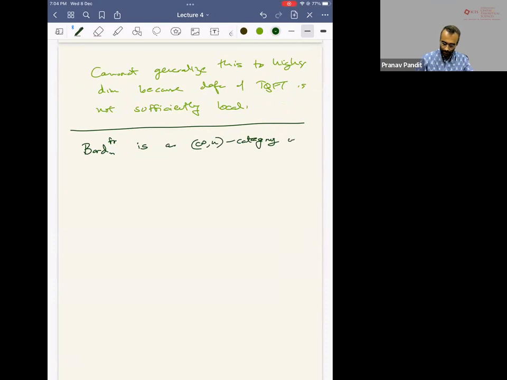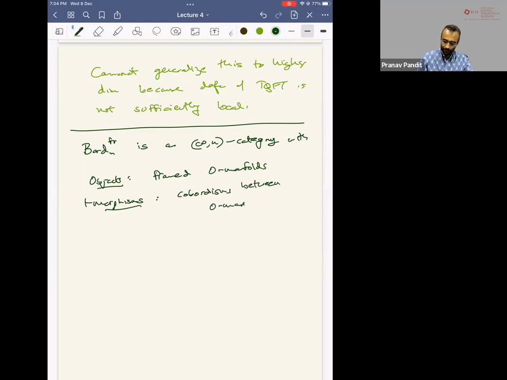with objects framed 0 manifolds, 1 morphisms are cobordisms between 0 manifolds.